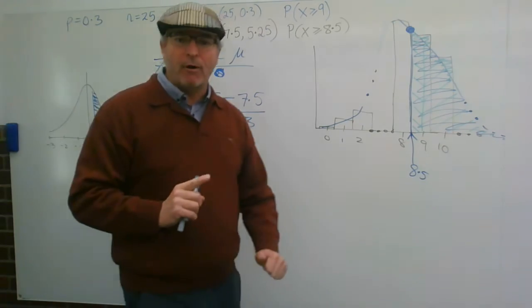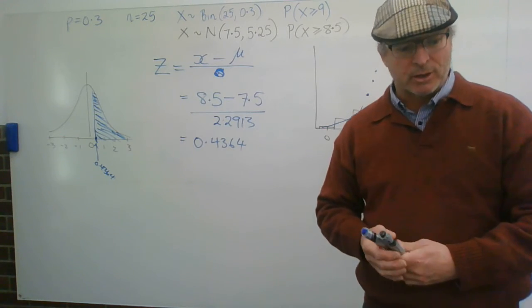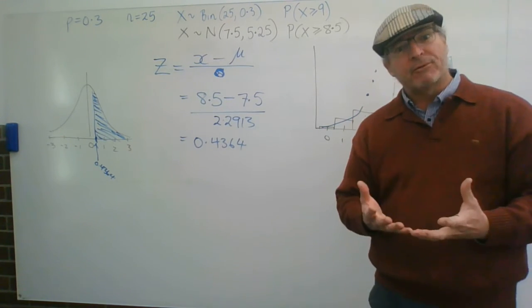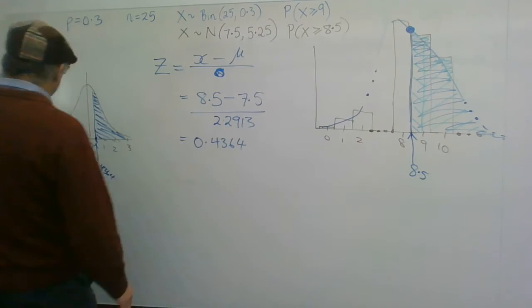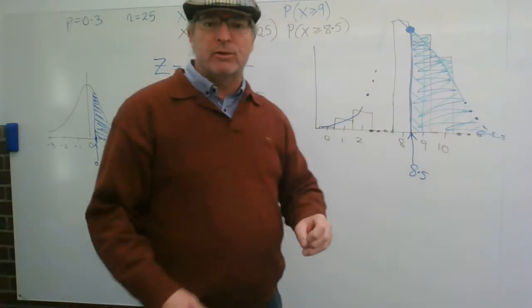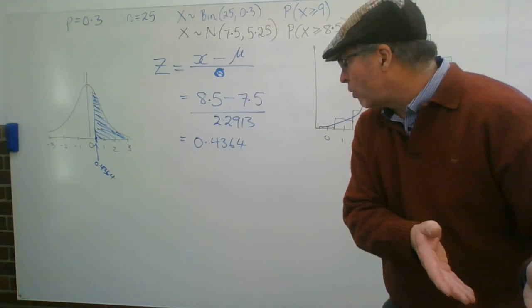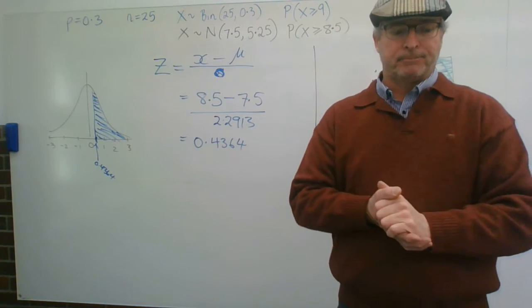So you need to subtract that from 1 to find the actual answer. If you had a full set of tables, you could use symmetry and find the area up to minus 0.4364, and it'll give you the answer straight away.